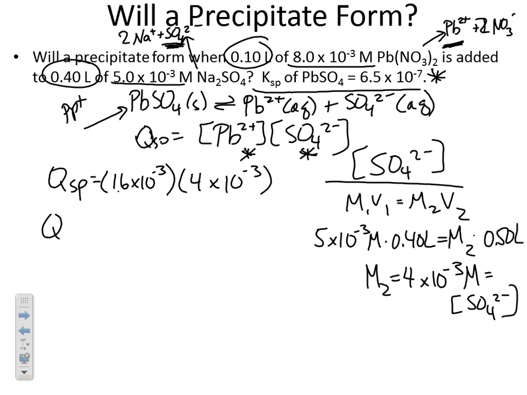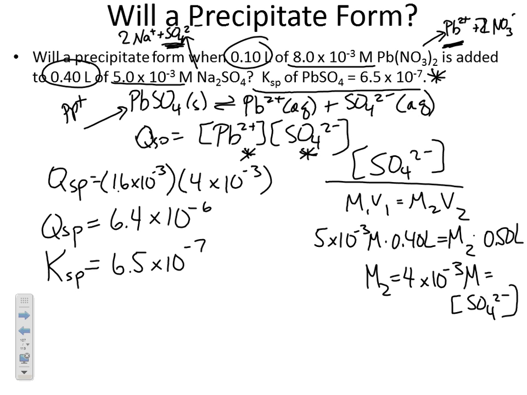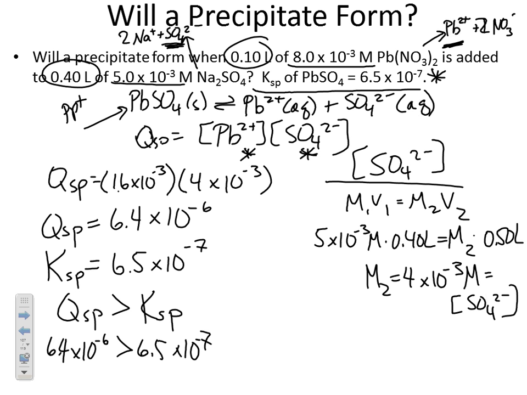So I get a QSP value of 6.4 times 10 to the minus 6. The KSP value that was given in the problem is 6.5 times 10 to the minus 7th. Q is greater than K because 6.4 times 10 to the minus 6 is greater than 6.5 times 10 to the minus 7th. Watch your exponents. Okay, Q is greater than K.